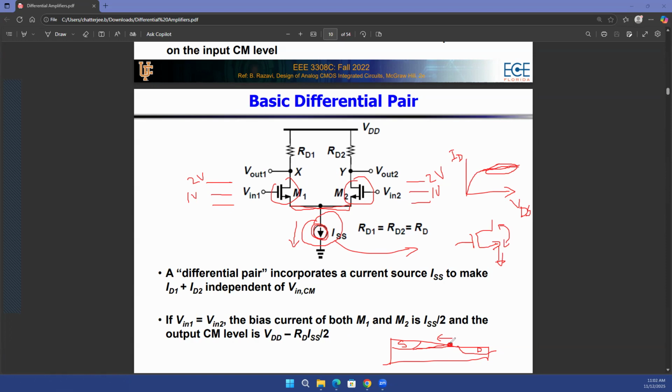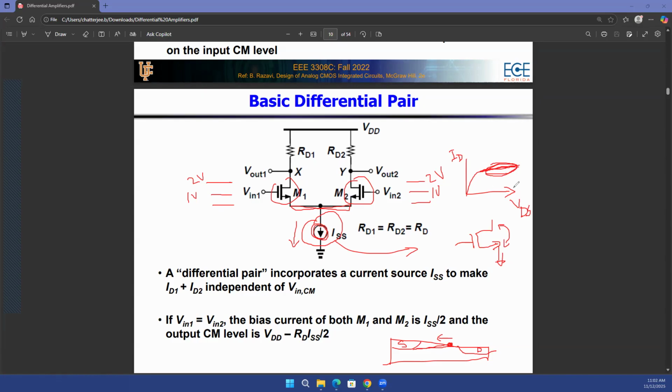So if the length of the transistor is large, the channel length modulation, or the change in the effective length, becomes smaller and smaller. So if you have a larger length for the transistor, then the channel length modulation will be less severe, and this curve will be more or less parallel to the x-axis.